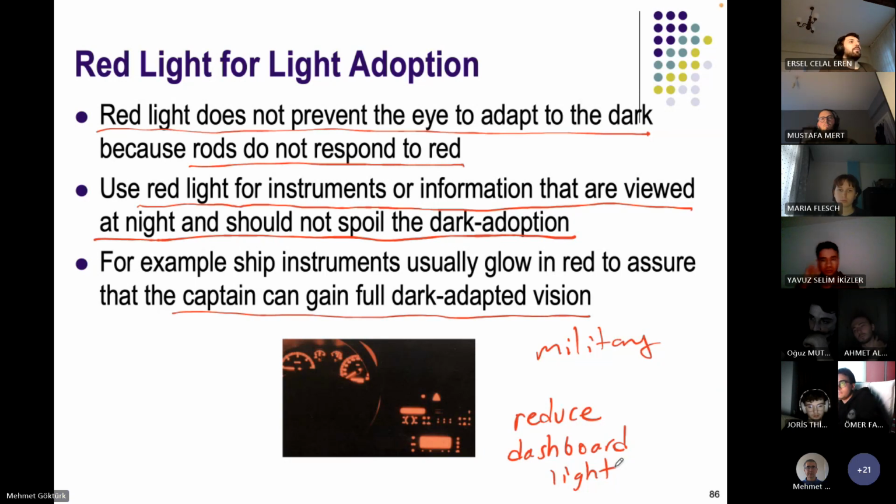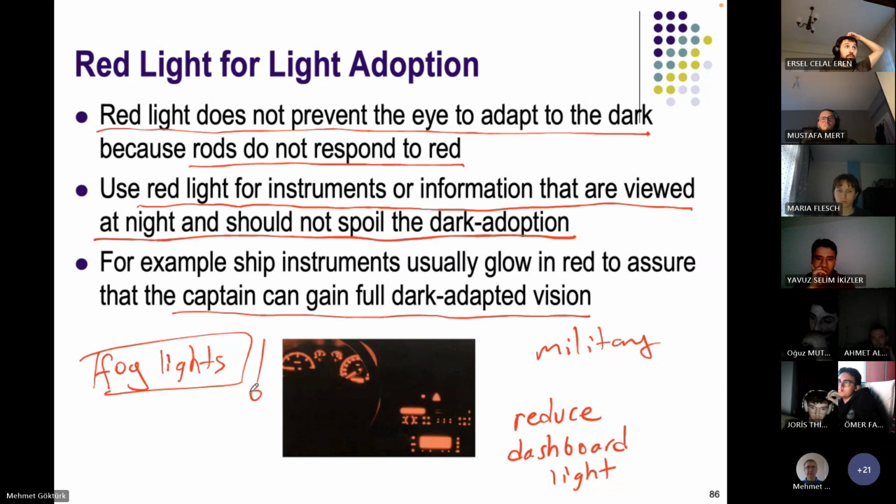Also, fog lights. Some people turn on fog lights in order to see better.